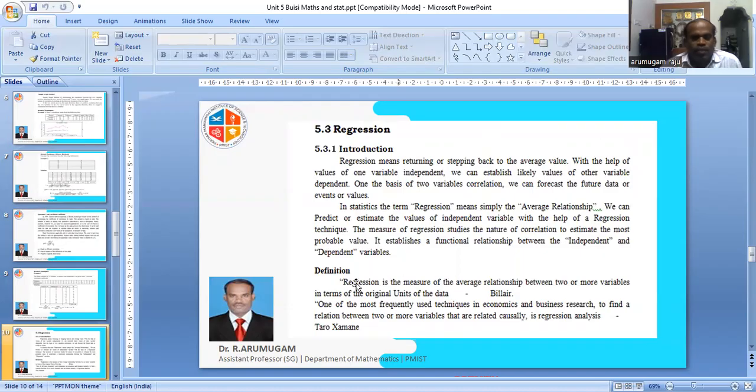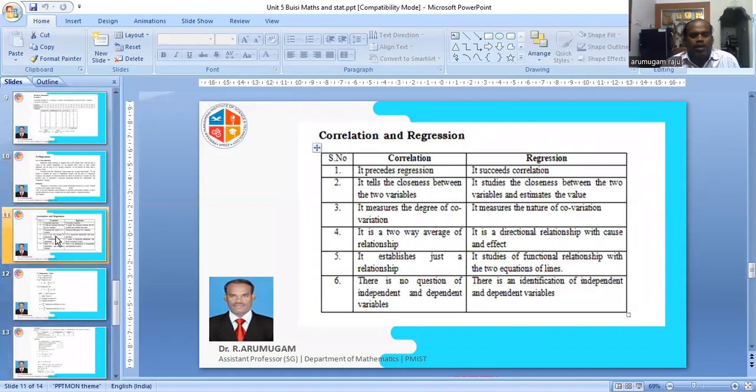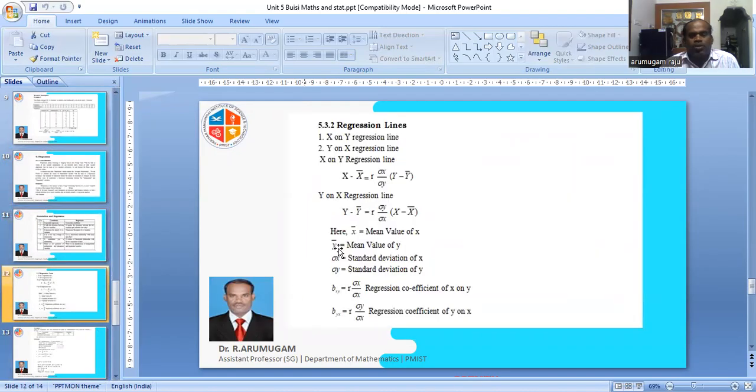The next one is regression. The exact definition of regression is the measure of the average relationship between two or more variables in terms of the original units of the data. So this is the general definition of regression. This is the general formula for the regression lines x on y and y on x.